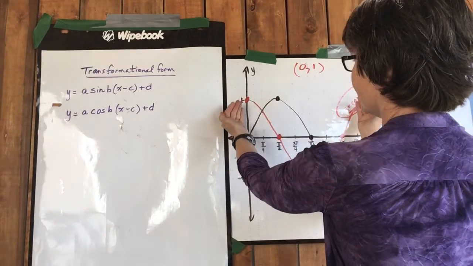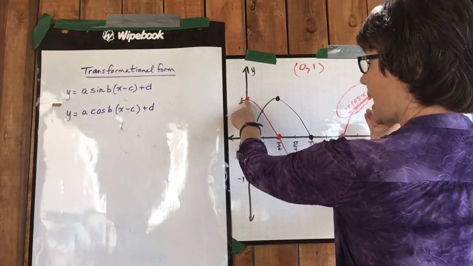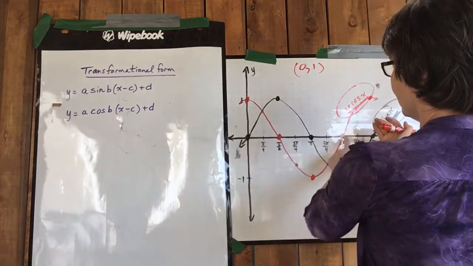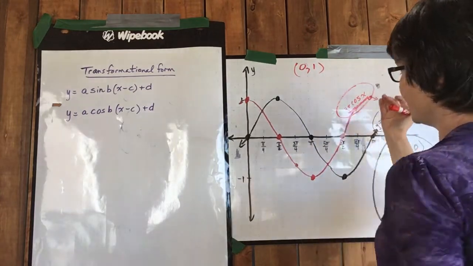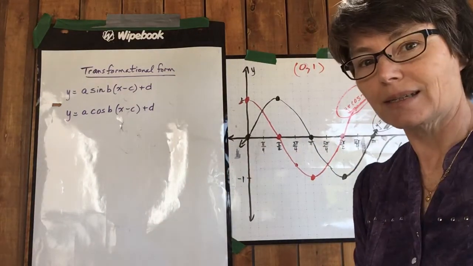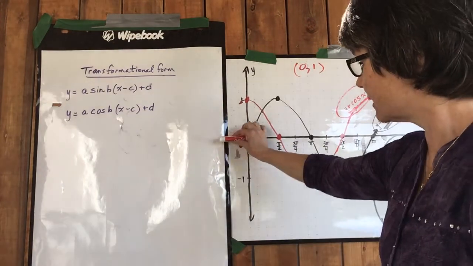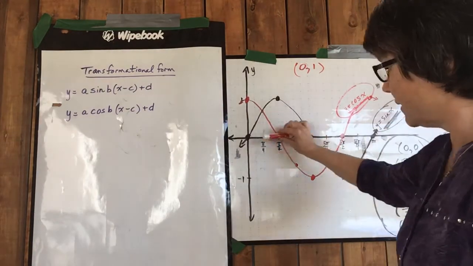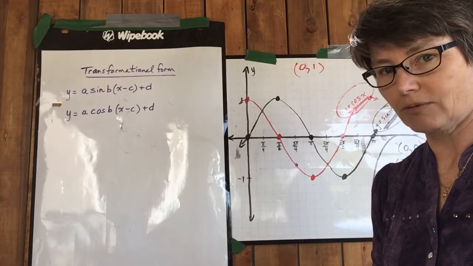The red graph, cosine x, is at its maximum going through the y-axis, and then starts repeating itself again at 2 pi. So the period is 2 pi for both. The principal axis is also the same for both. The principal axis is the x-axis. The equation for that is y equals 0.